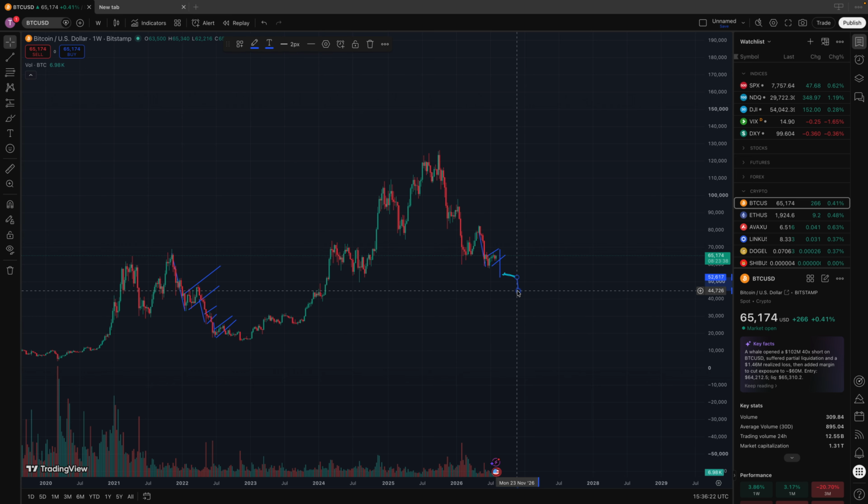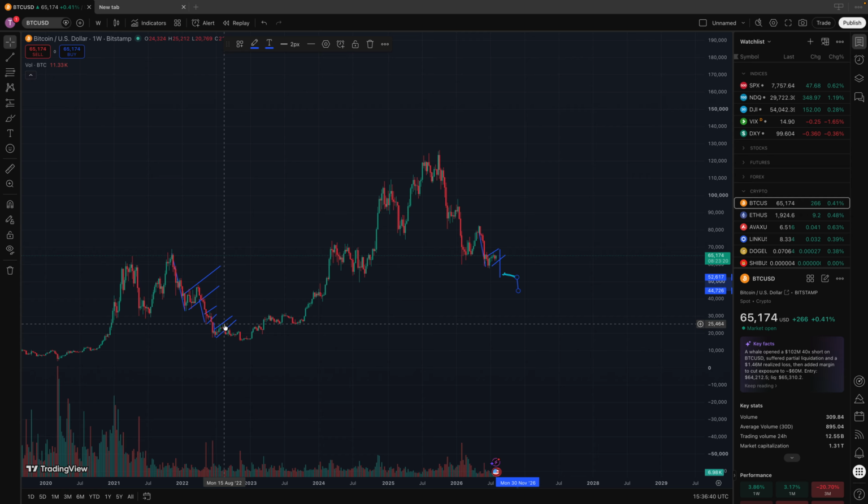Right here, and then we have a support in here, and it could be something very similar to where we broke. You see, we broke for our last flag down, and we didn't go too much further, right? It was only about another $10,000 drop, which doesn't sound like a lot.